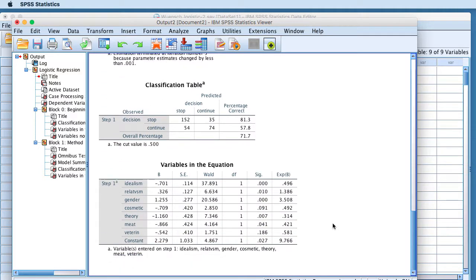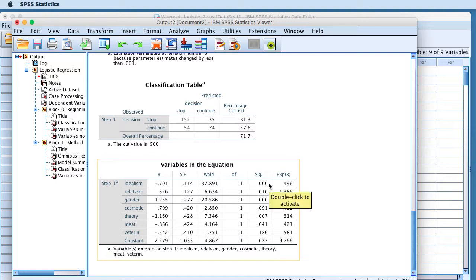If we look at the variables in the equation, we can see that these beta coefficients are similar to what we see in multiple regression, and we can see that most of them significantly contribute to predicting decision making.